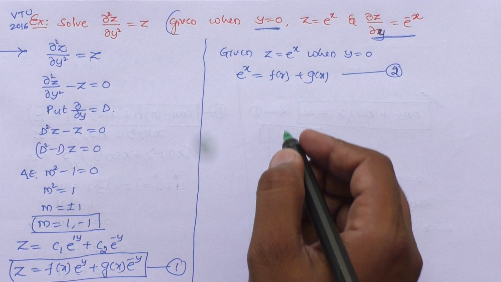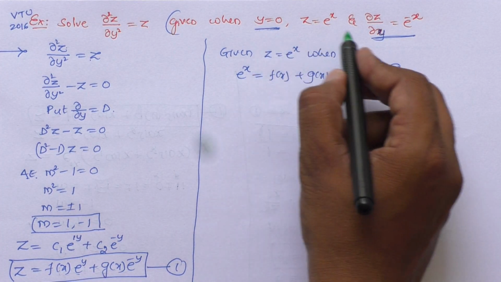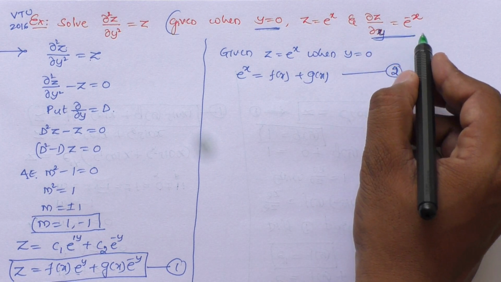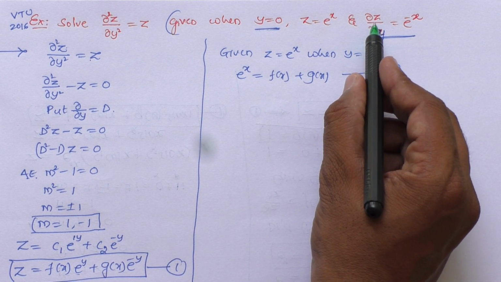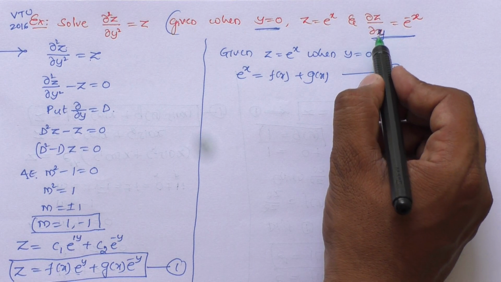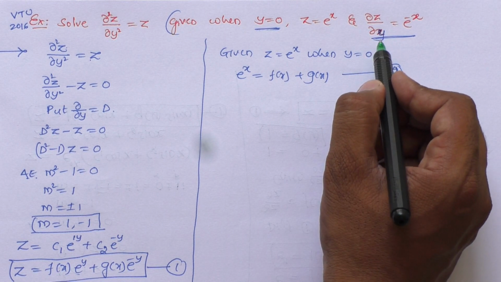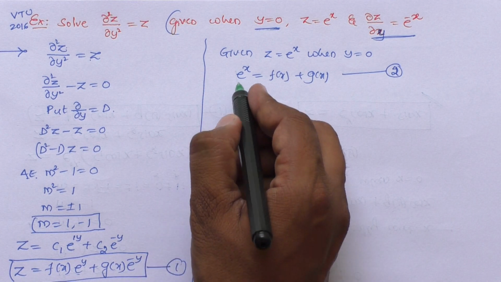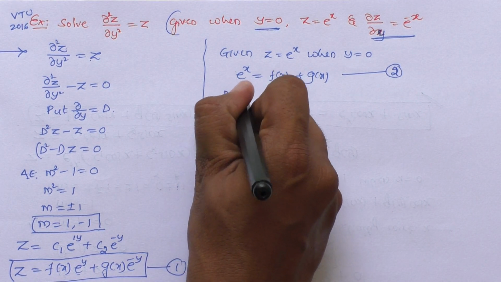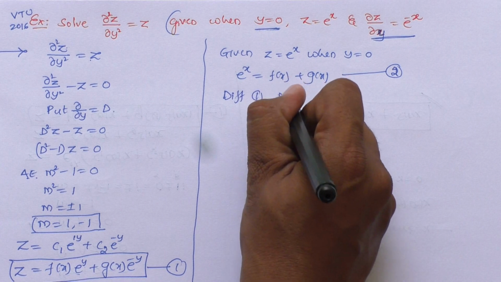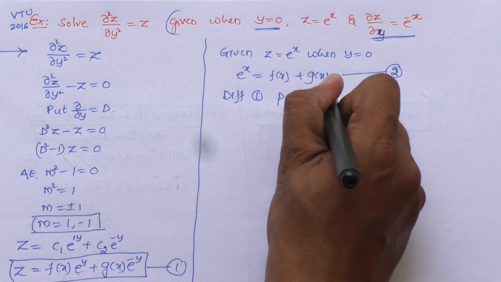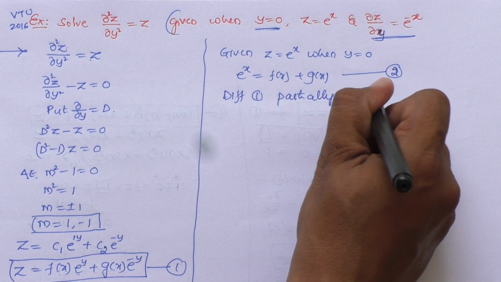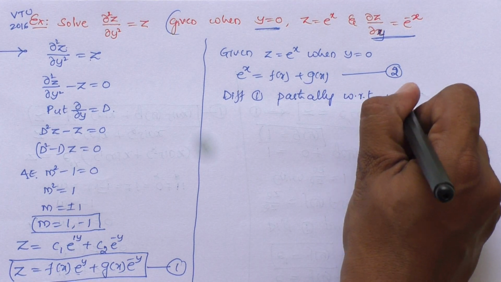Now let us apply another condition: when y is 0, dou z by dou y equal to this. So we need dou z by dou y, and for that we differentiate equation 1 partially with respect to y.